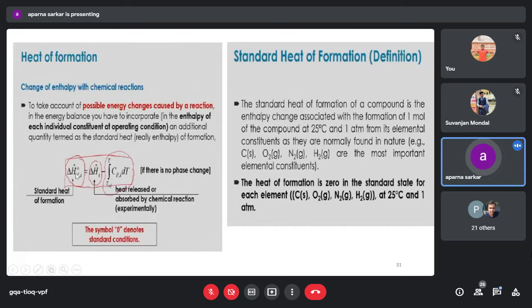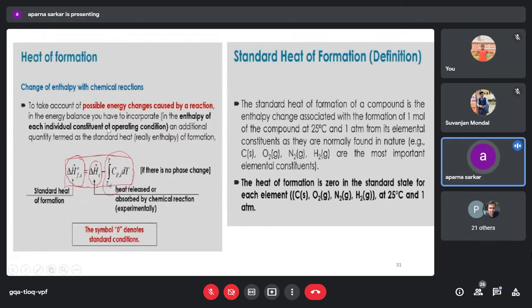This zero means all the system is in standard condition, and f is for heat of formation. Del H is the initial specific enthalpy change, that is an experimental value. You can also say that it is the heat released or absorbed by the chemical reaction.